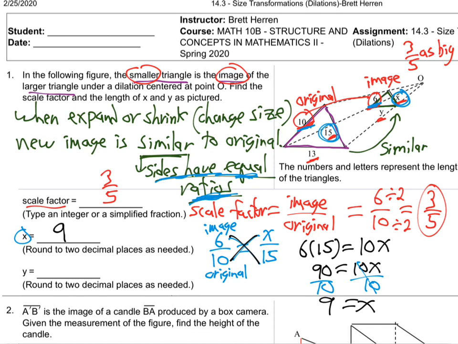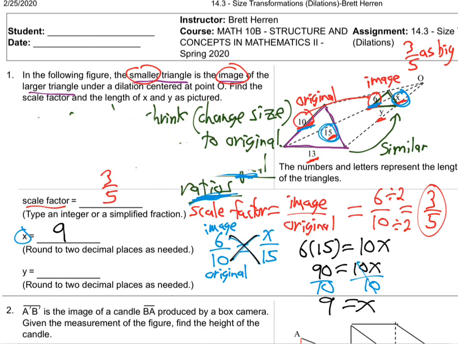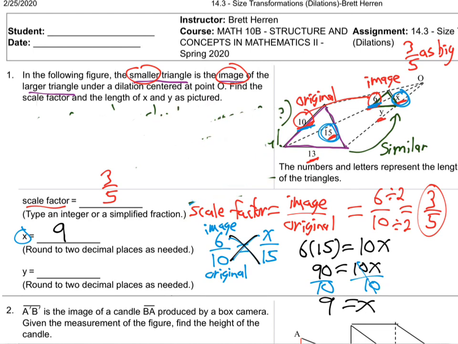So let's do that. I'm trying to find where I've got room to do that. Let me just do it right up here. So right up here I'll solve for y. So again we start with 6 over 10.